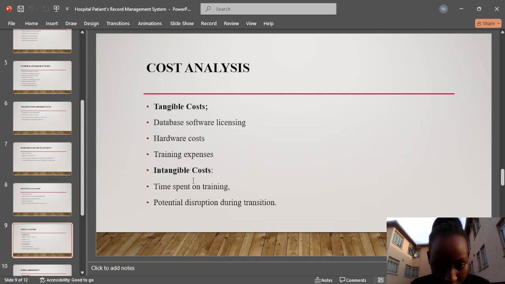There are tangible costs: database software licensing, hardware costs, and training expenses, where you're training doctors or new members who need to adhere to the hospital's processes. Then the intangible costs: time spent on training and the potential disruption during the transition.